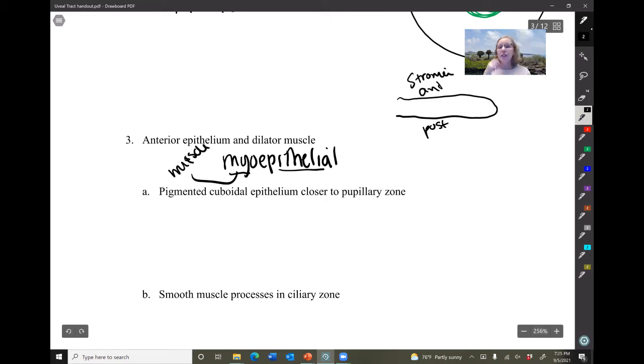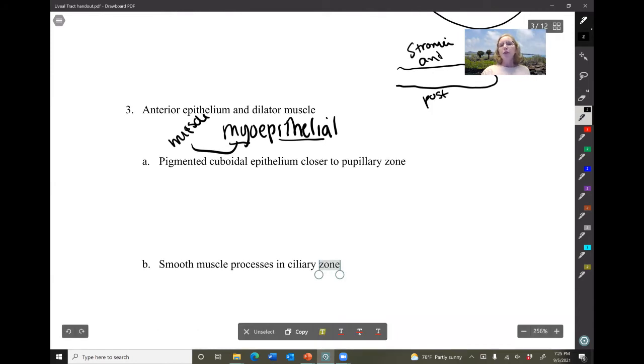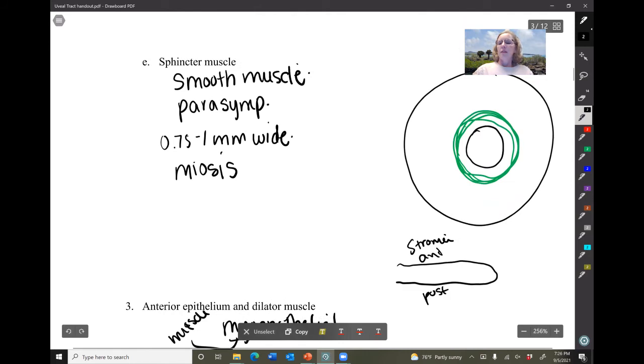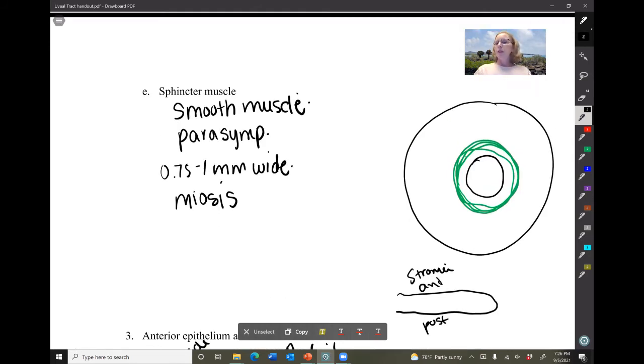And that refers to the dilator muscle. Closer to the pupillary zone, there are pigmented cuboidal cells. So let's look back up to this, and we saw the sphincter, where our sphincter muscle is here.